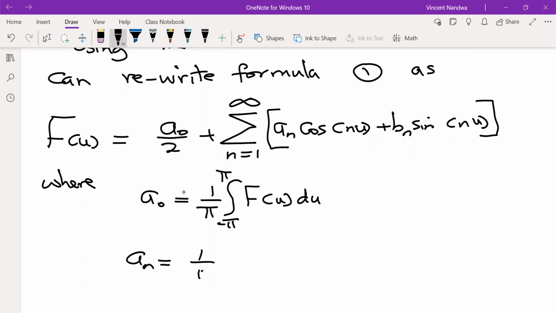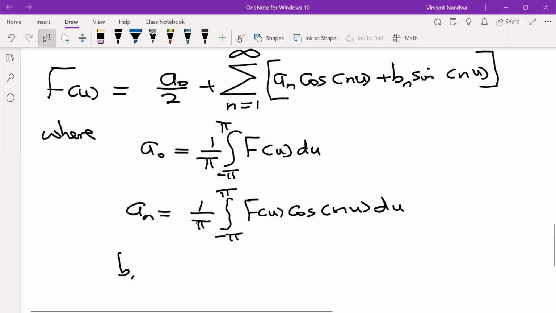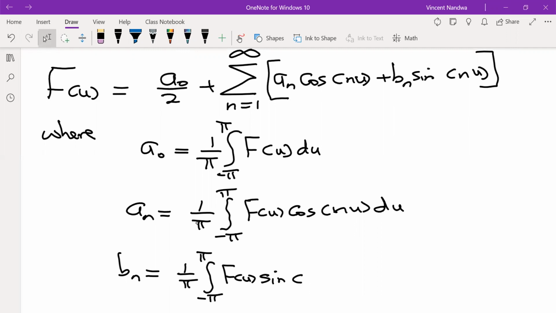A n is 1 over pi integral from minus pi to pi of capital F of u times cosine of n u du, and b n is given by 1 over pi integral from minus pi to pi of F of u sine of n u du. So remember here, n is from 1 to 3 up to infinity.